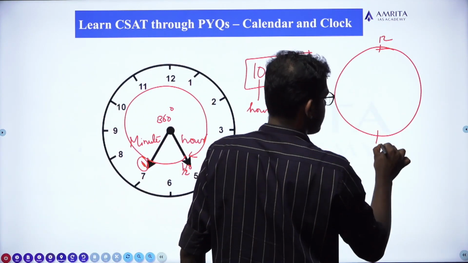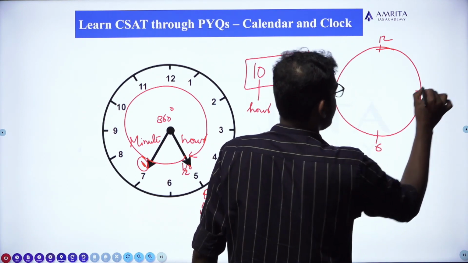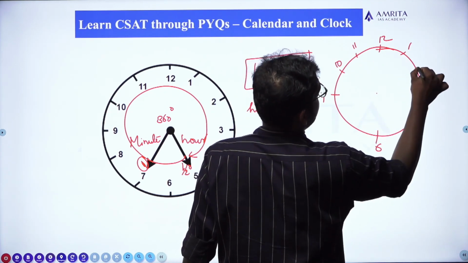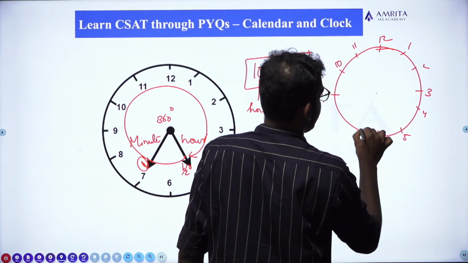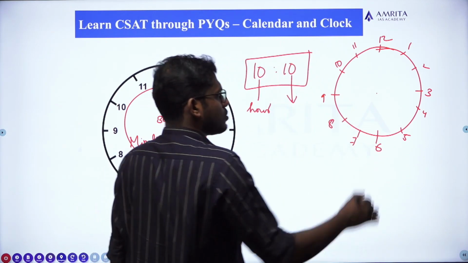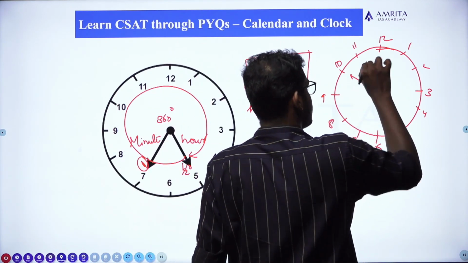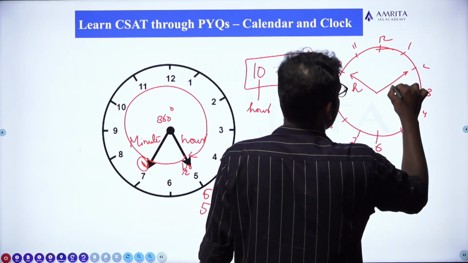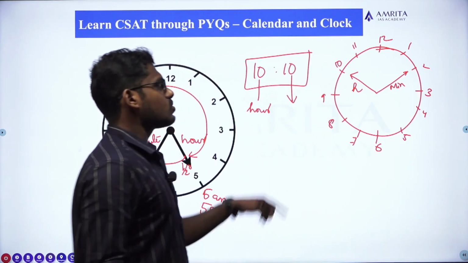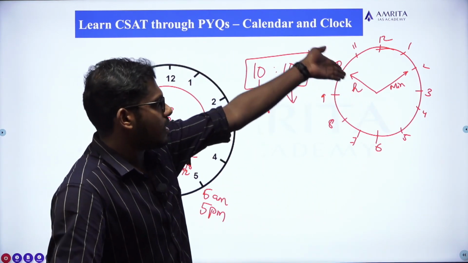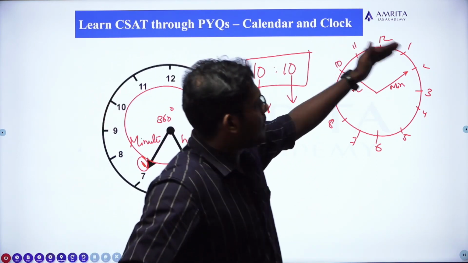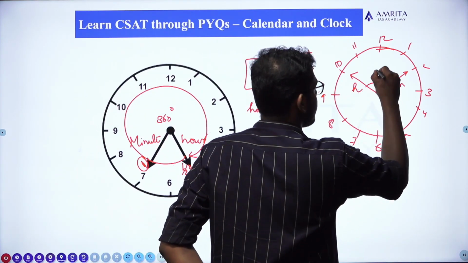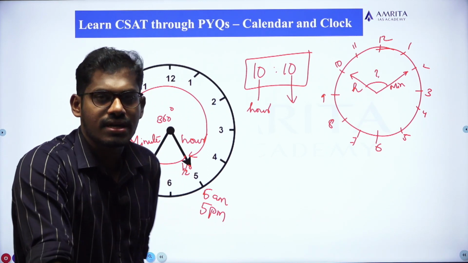This is 12, 6, 9, 3, and it will be 11, 10, 1, 2, 4, 5, 7, 8. So 10:10 symbolizes this is the hour hand and this is the minute hand. The hour hand is towards the digit 10 and the minute hand towards the digit 2. Clear? So we have to find this angle made by the hour hand and minute hand.